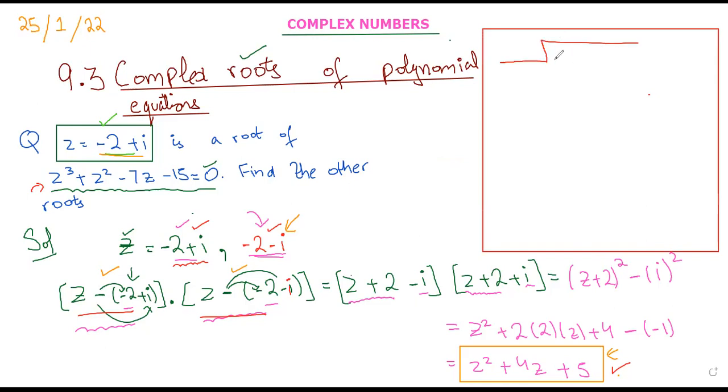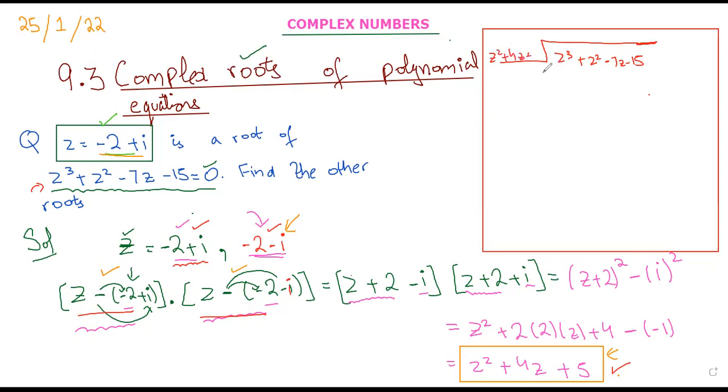What is the polynomial? Can you tell me the polynomial? z cube plus z square minus 7z minus 15. Very good. And what is the factor which we got? z square plus 4z plus 5.